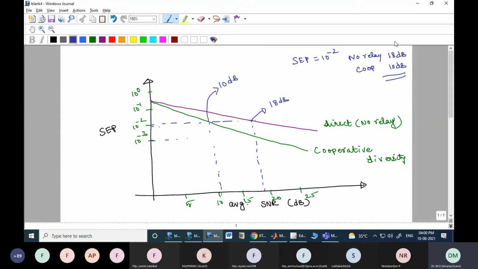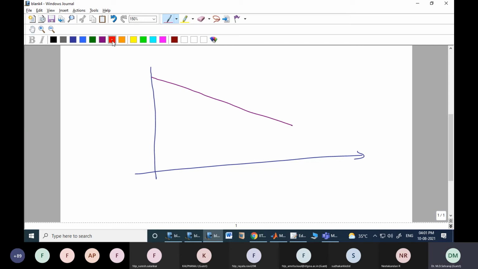We can look at the same performance in another way. I have two curves, right? One is this, another one is this red. This one is the cooperative and this one is the direct.